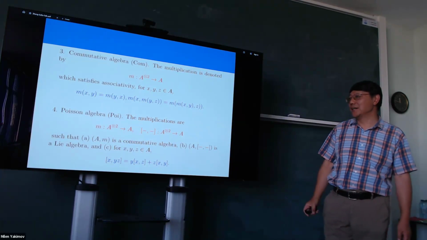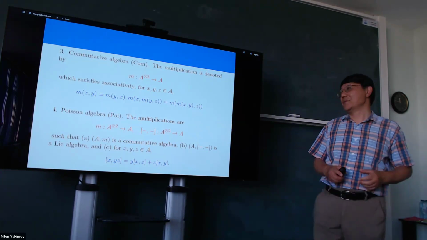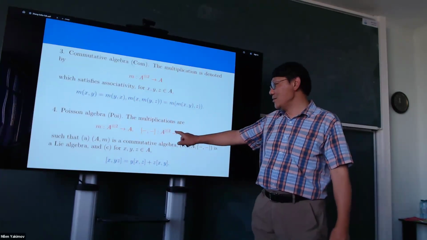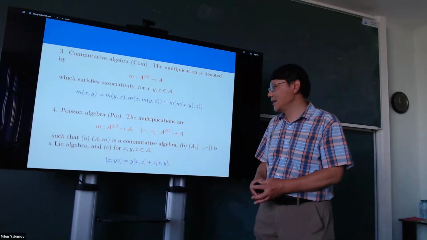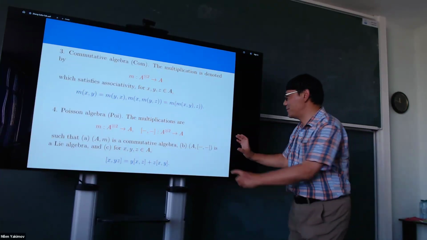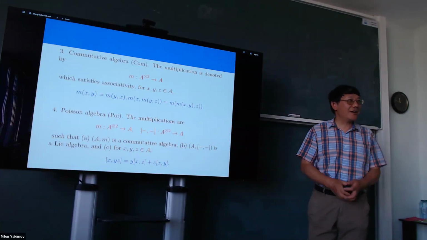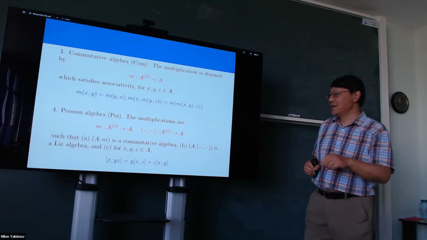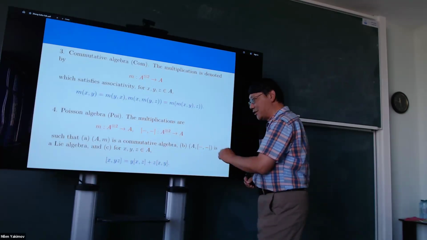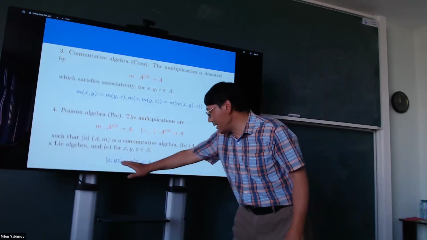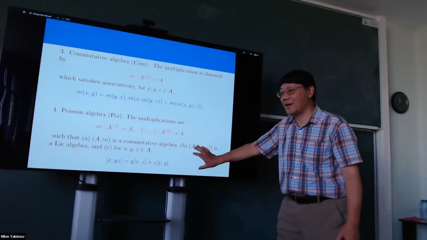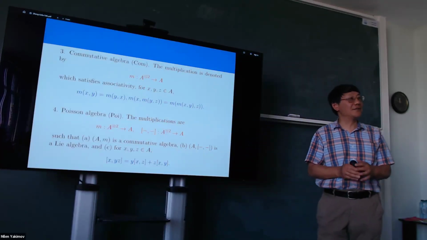And the Poisson algebra is slightly different. We have a multiplication, and then we have a bracket, so that A with the multiplication is a commutative algebra, and A with the bracket is a Lie algebra. So already we have two multiplications satisfying four conditions, and we have one more, the Leibniz rule. So we have two multiplications and five relations. This is the so-called Poisson algebra.